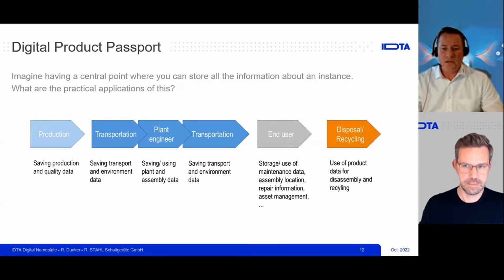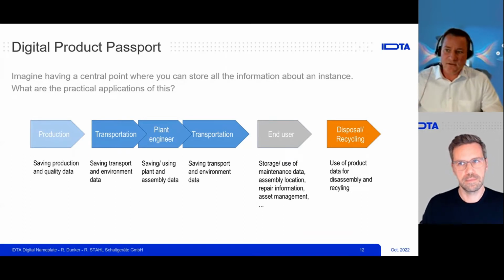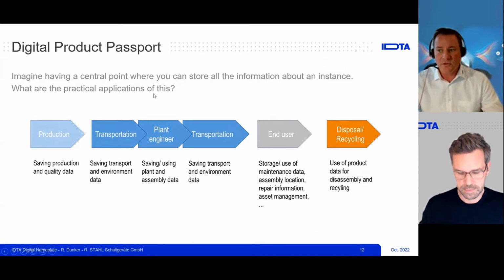The next step, when you have produced a product and it's finished, then for sure you will sell it. And then you have a transportation, for example, to an engineering company. Just have a look at the transportation path. There's also a lot of data which is created during the transportation.